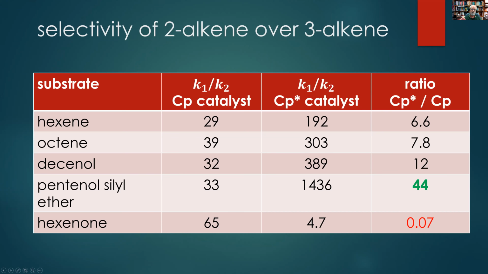K1 is the rate constant for forming the 2-alkene, K2 is the rate constant for forming the 3-alkene, and we're looking for a high ratio here so that we form the 2-alkene quickly and the 3-alkene then relatively slowly. So the bigger this ratio is, the easier time we're going to have isolating the 2-alkene. And this just shows that sure enough, for all cases except the hexenone, the ratio was much greater for the CP star catalyst than for the CP catalyst.